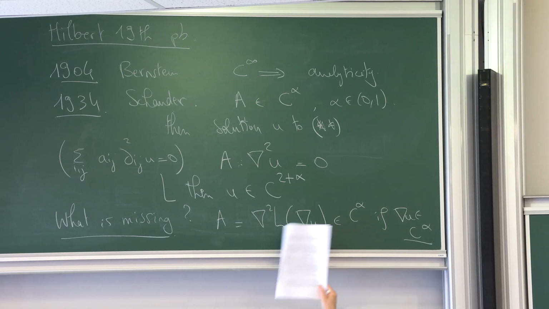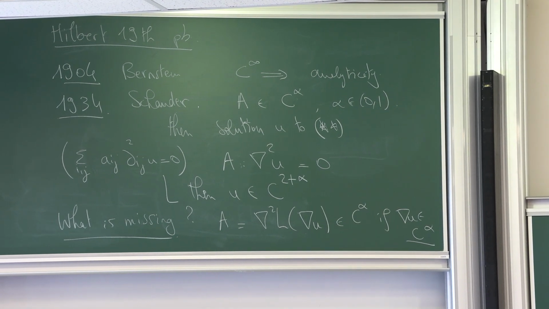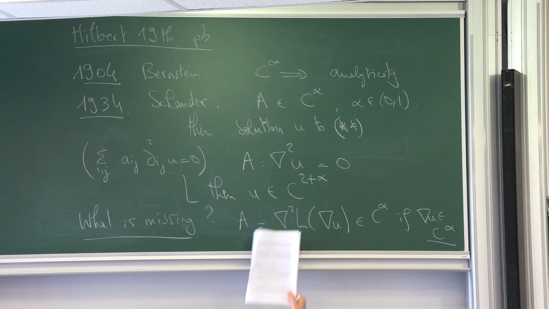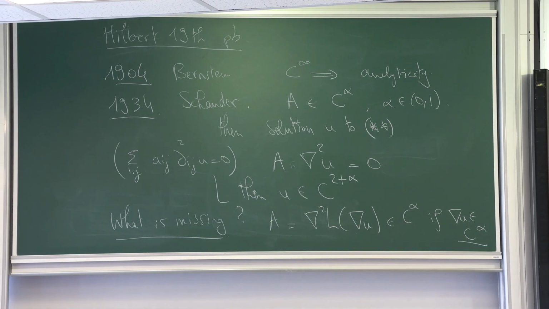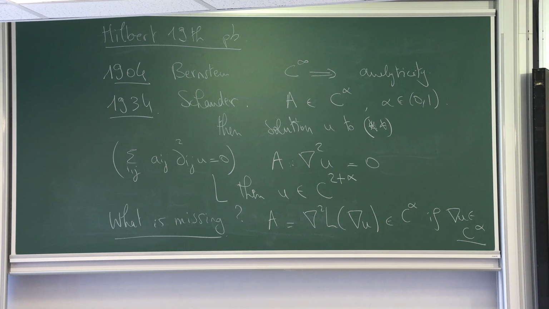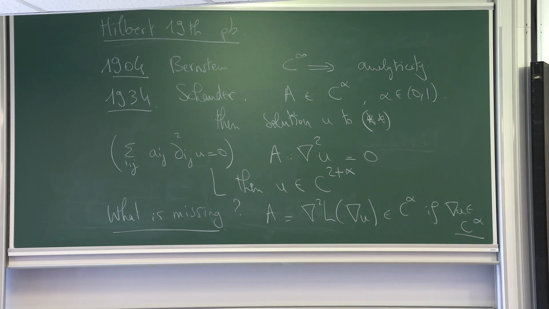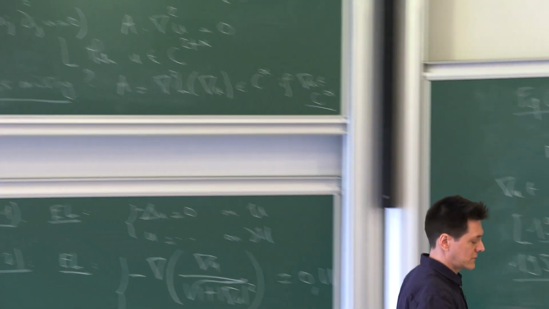And then you continue. You can bootstrap, you can differentiate the equation. Obviously, I didn't say it, but the Schauder theory survives lower order terms nicely. It was actually written with lower order terms initially. So you just differentiate the equation and you redo the same on the derivatives of U. And you continue and you get to infinity and so on.